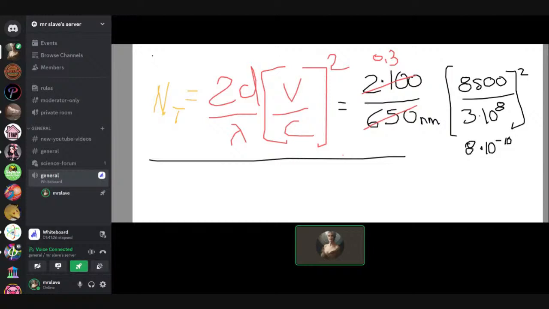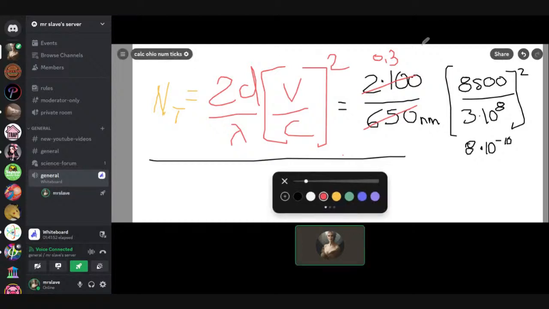like, what are we looking for? The number of times. So this is what? This is meters per second, and this is meters per second.